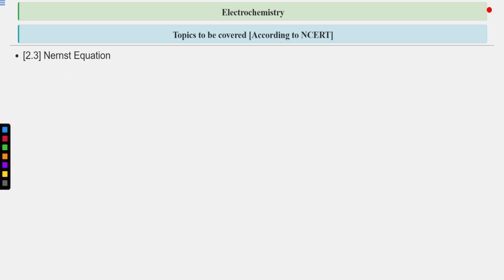And what are the topics that we are going to cover according to the NCERT? First, the Nernst equation, which is marked as section 2.3 in our NCERT textbook. The second topic is 2.3.1, equilibrium constant from the Nernst equation.